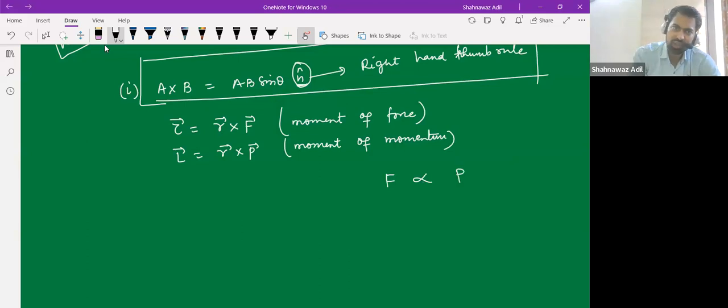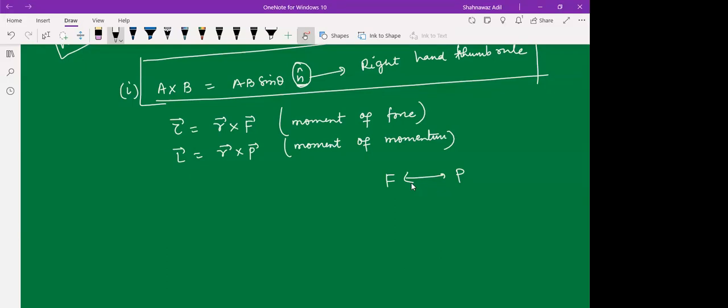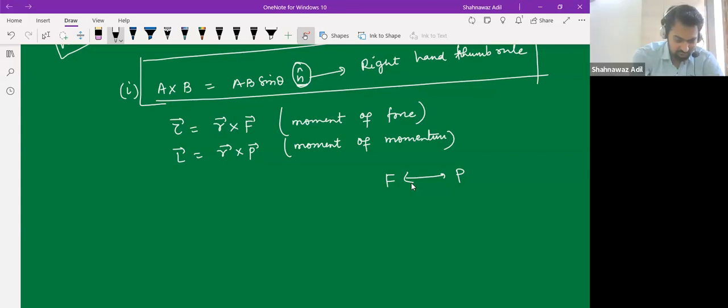How are force and momentum related? Second law of motion. What is the second law of motion, and what does this second law give?